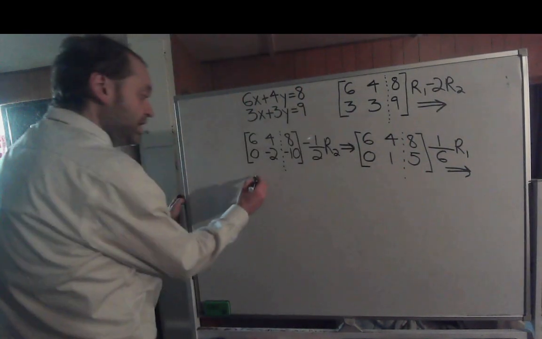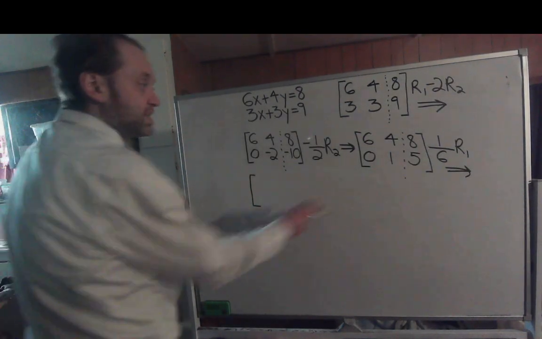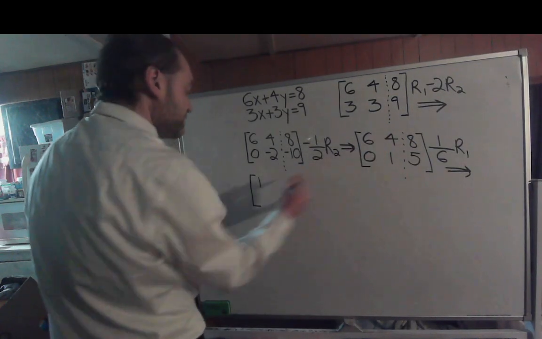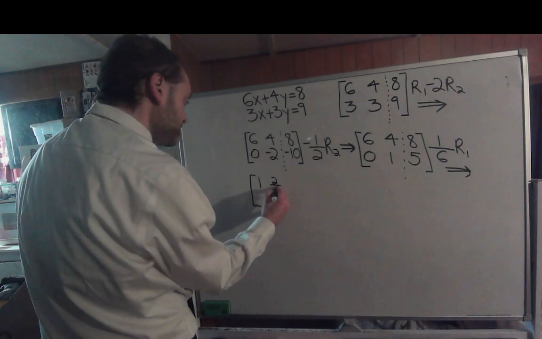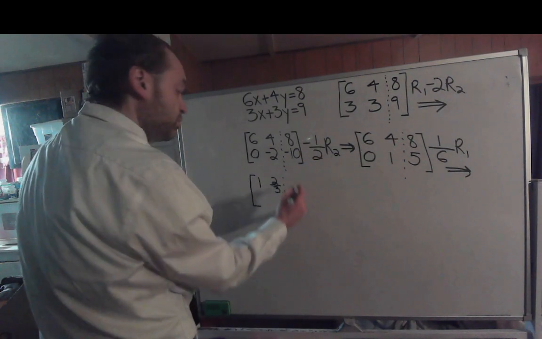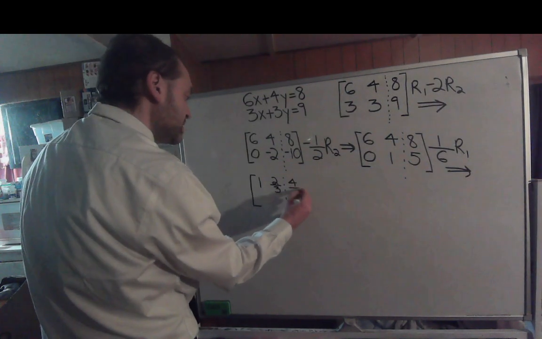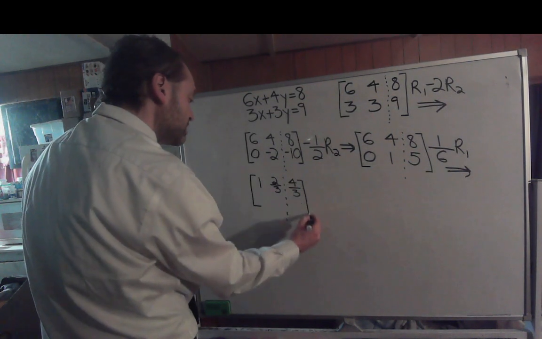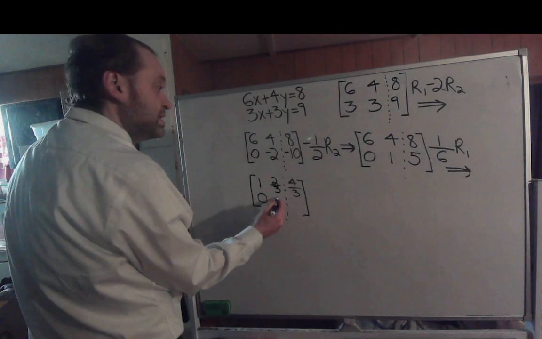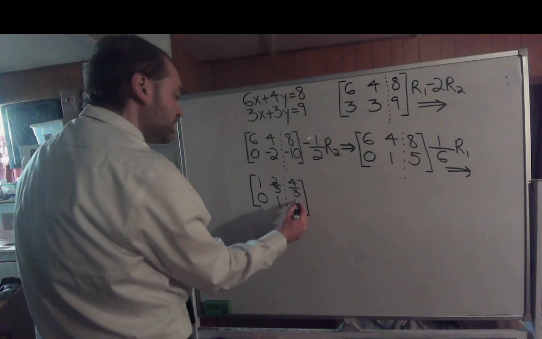What is 1/6 of row 1? 1/6 of 6 is 1. 1/6 of 4 is 2/3. 1/6 of 8 would be 4/3. And then you just leave row 2 alone. That would be 0, 1, and 5.